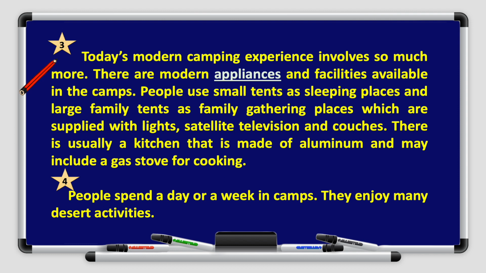Paragraph 3. Today's modern camping experience involves so much more. There are modern appliances and facilities available in the camps. People use small tents as sleeping places and large family tents as family gathering places, which are supplied with lights, satellite television, and couches. There is usually a kitchen that is made of aluminium and may include a gas stove for cooking.